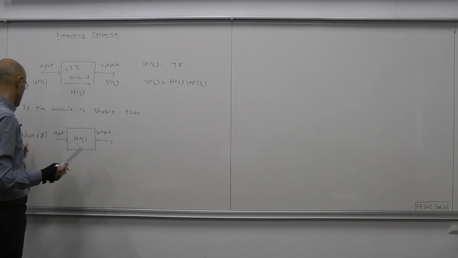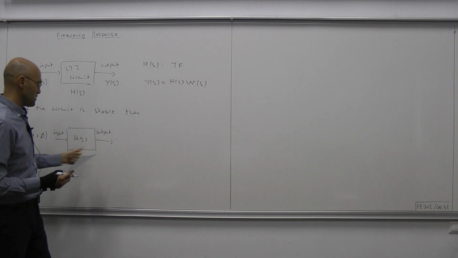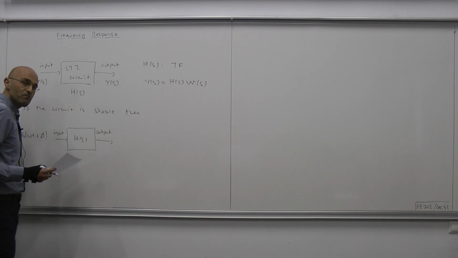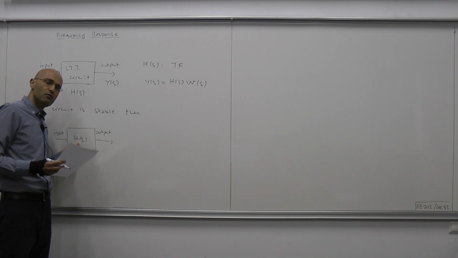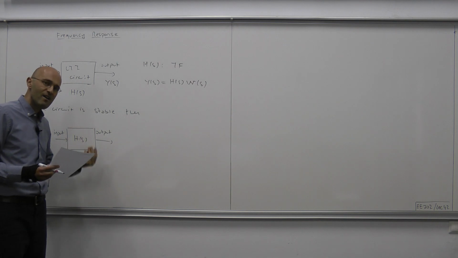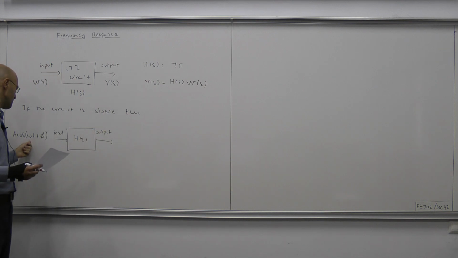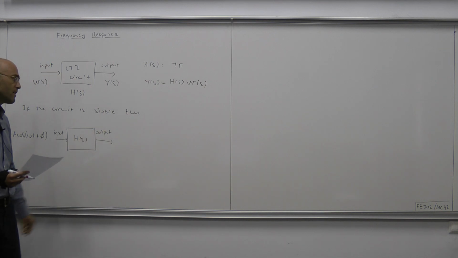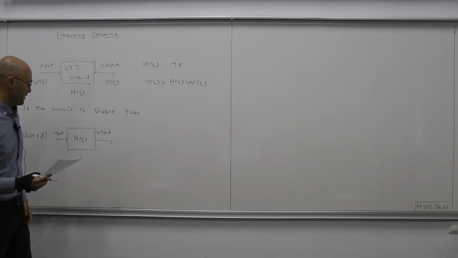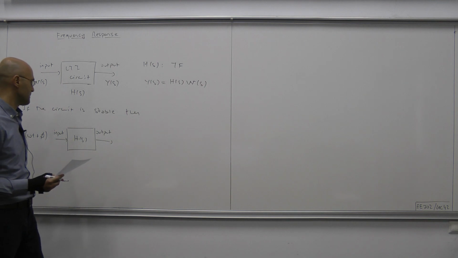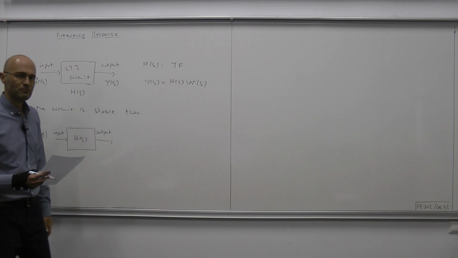In particular, the amplitude of oscillations at the output equals the amplitude of the input times the magnitude of the transfer function evaluated at s equals j omega, omega being the frequency of oscillations. A very important relation between the transfer function and the sinusoidal steady state response.